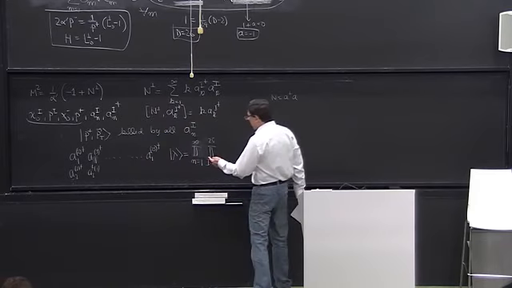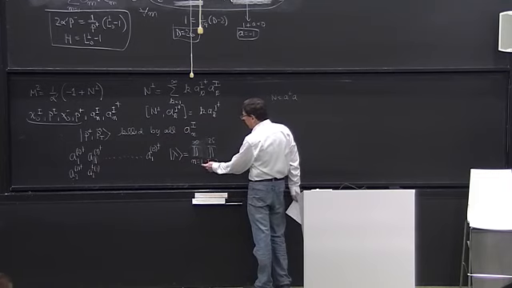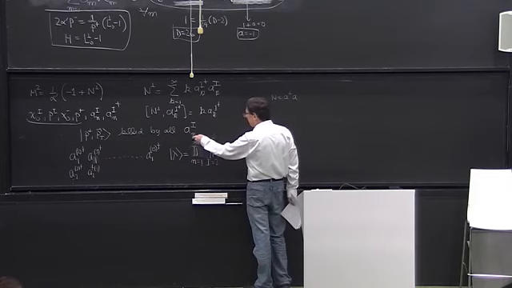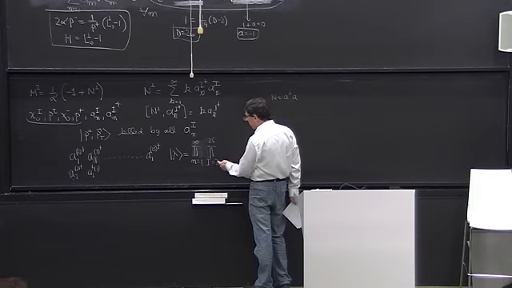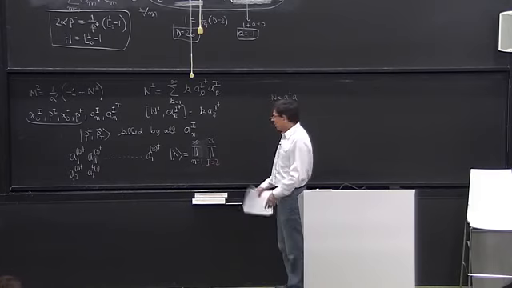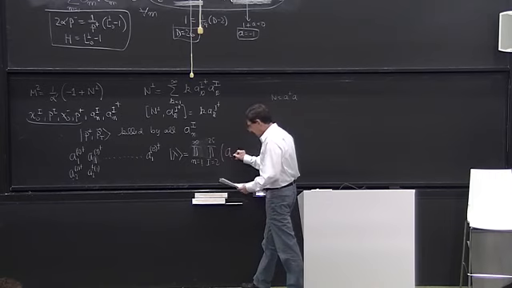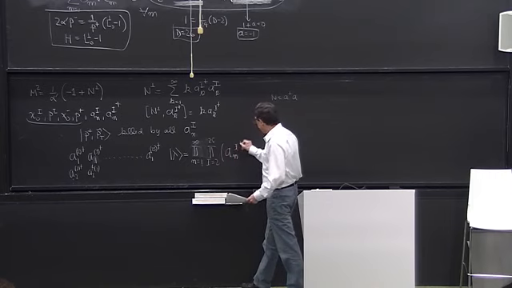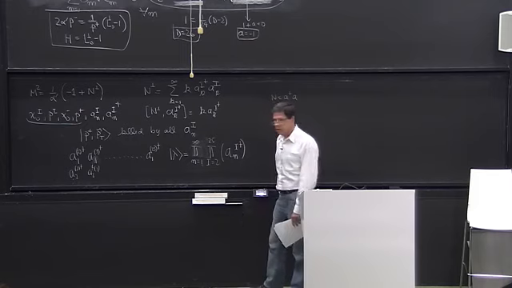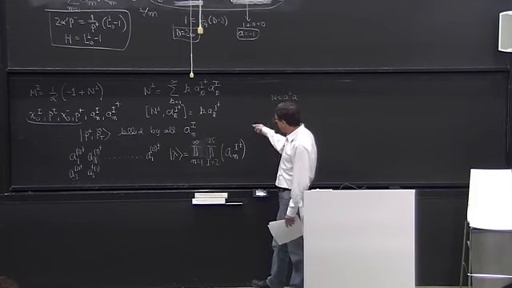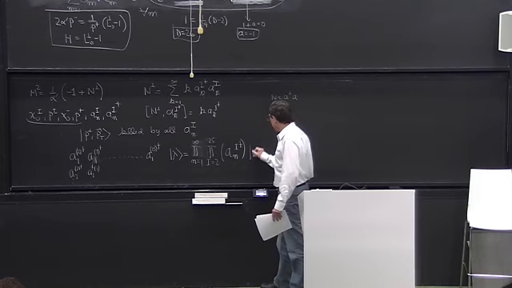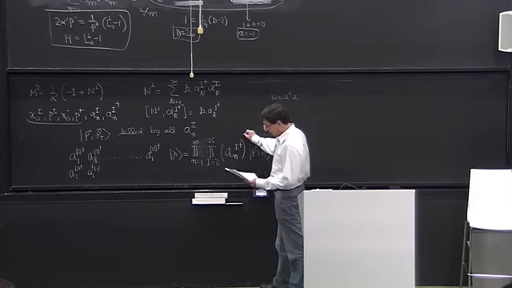Because you can have oscillators with n from 1 to infinity, and you can have them in directions from 2 to 25. So in order to specify a state, you have to say how many times each creation operator acts on the vacuum, on the ground state, I'm sorry. So you put a number here that we call lambda, so lambda_{n,i}.